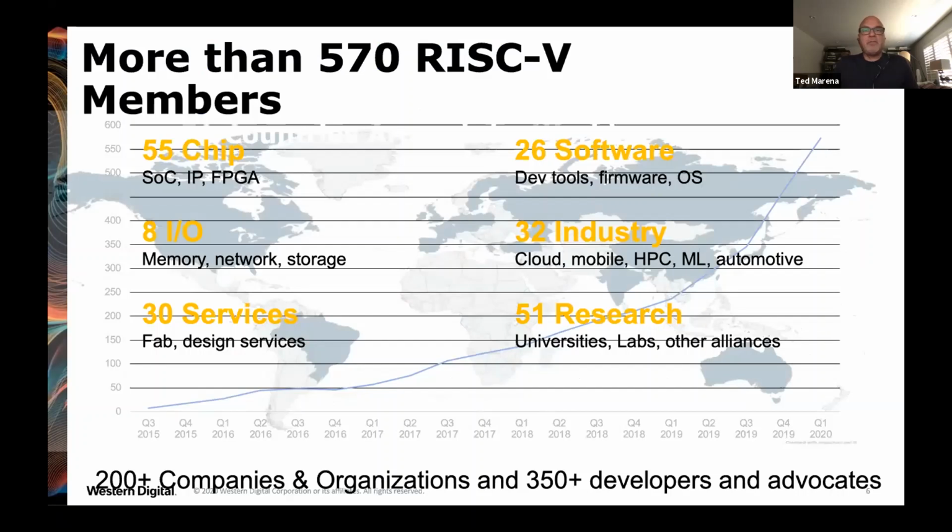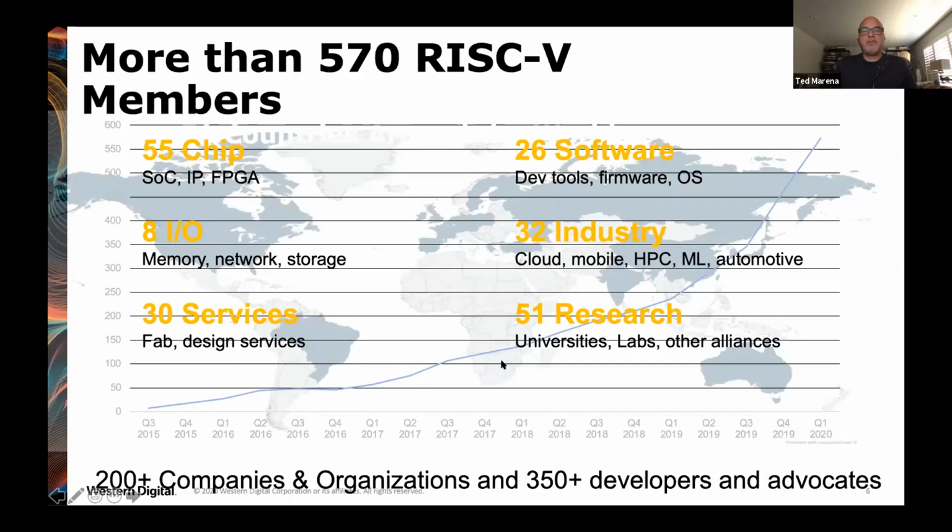So we have more than 570 total members. Because individuals can join, I tend to focus more on the organizations, companies, and technical organizations, and we have over 200 of those. You can see it's been tremendous growth. I got interested in RISC-V around this time.